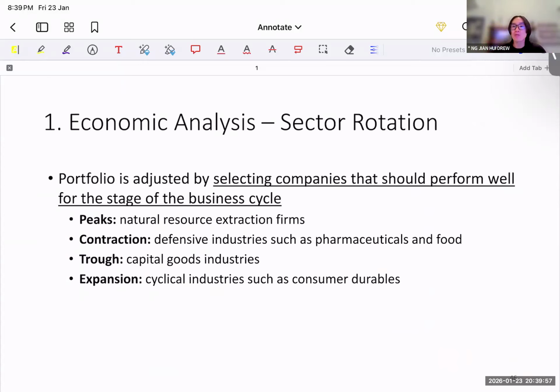And there's a sector rotation that happens, where if we know that we are reaching the trough of the business cycle, what we want to really focus on are more capital goods, right? Things that are fixed asset heavy, things like manufacturing, and you know that they are resilient. Or maybe they are at the contraction stage, not right at the bottom yet.